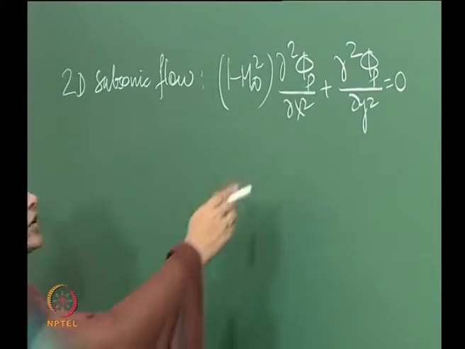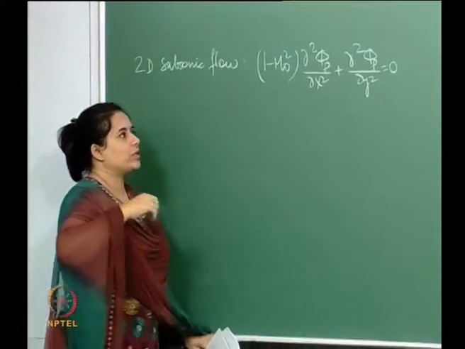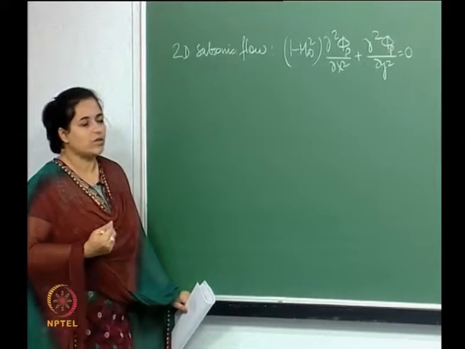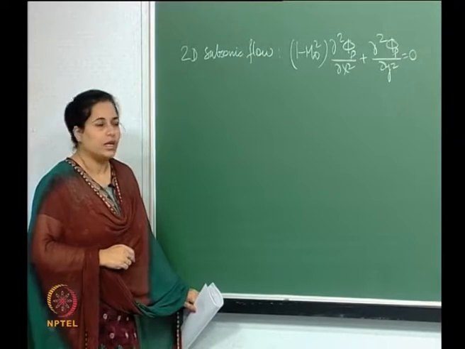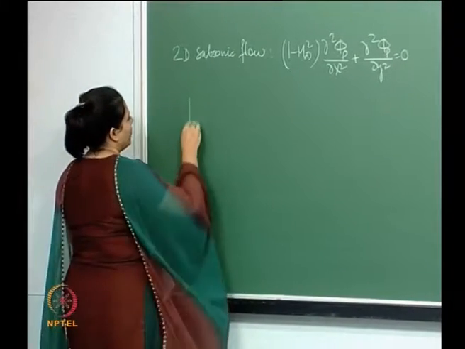Now this phi p is the perturbation potential, and you can see that this is in our usual x y, or Cartesian, coordinate system.